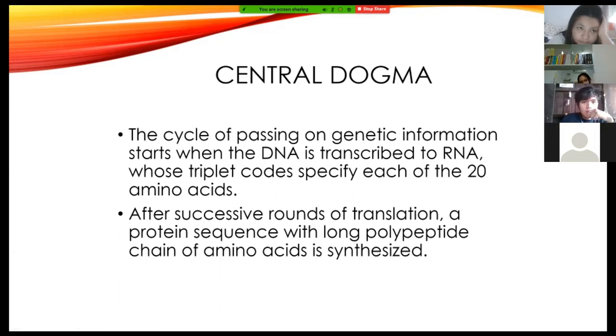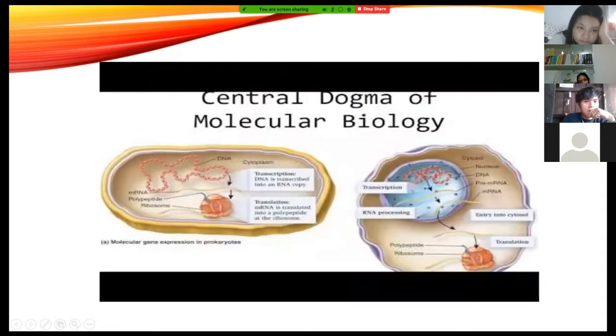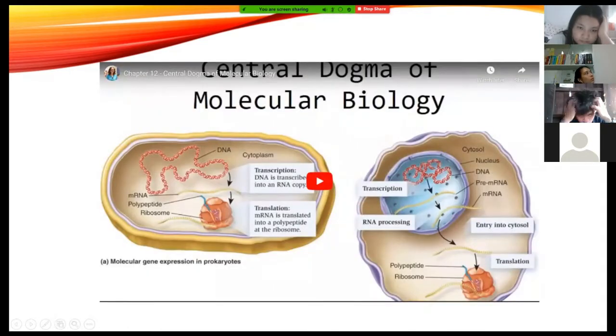After translation, a protein sequence with a long polypeptide chain is synthesized. Let's have a look at this video about the details of the genetic code.